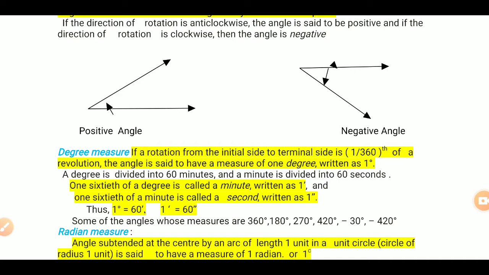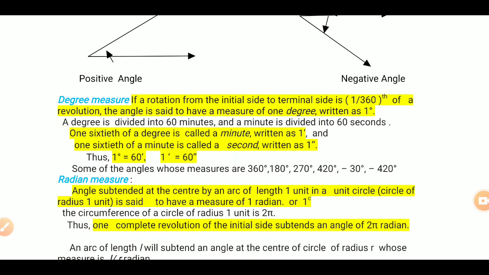A degree is divided into 60 minutes and the minute is divided into 60 seconds. 1/60th of a degree is called a minute and written like this: 1 with a prime, and 1/60th of a minute is called a second, written like this: 1 with two primes.